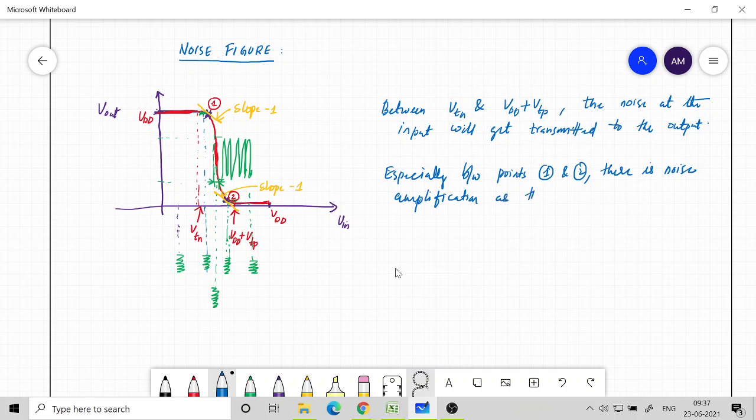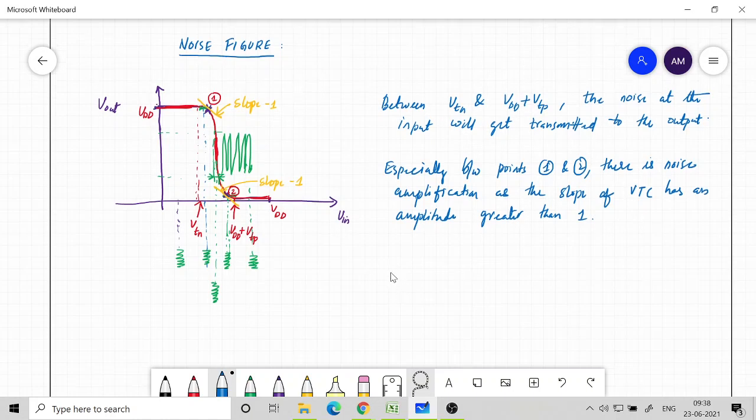As the slope of the VTC has an amplitude greater than 1, that will be amplification, otherwise it is attenuation.